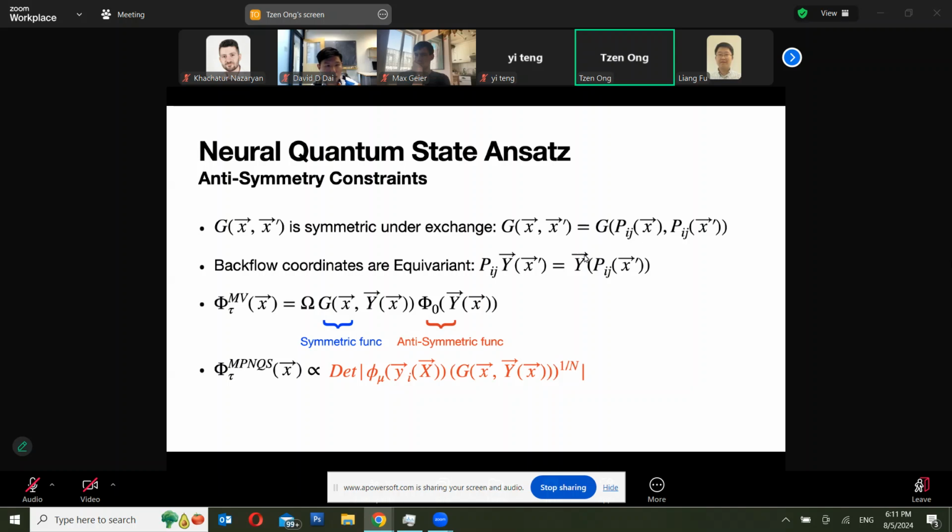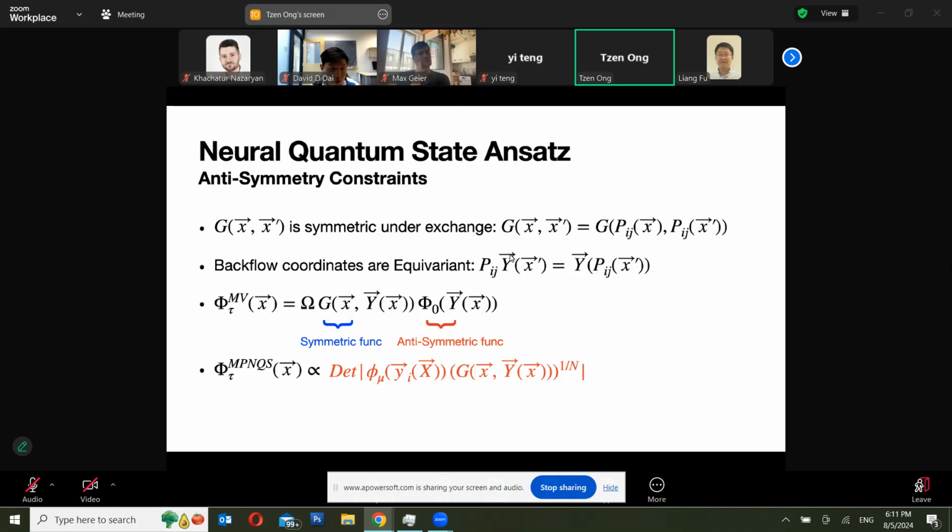If you apply the particle exchange P_ij on x prime, then the backflow coordinate that you get for y has to be equivalent to applying the particle exchange on the backflow coordinate that you get from x itself.